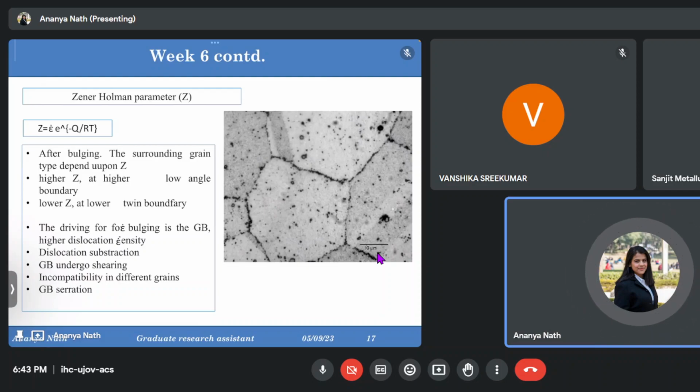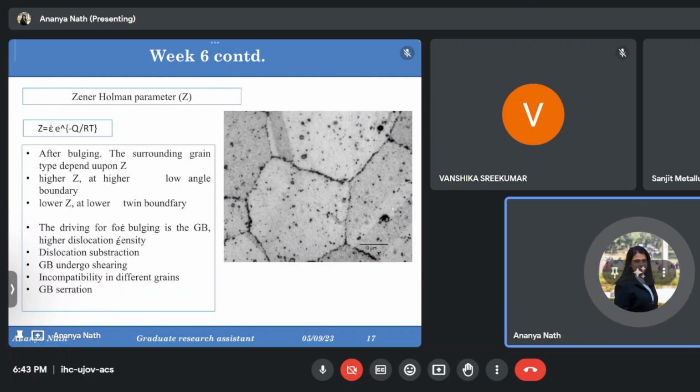So this is why we wanted the high SFE, but here we want low SFE, because if the stacking fault energy is high, the dislocations will just move randomly and we cannot get that recrystallization. If the dislocations are moving very freely, they may enter into the strain free new grain.